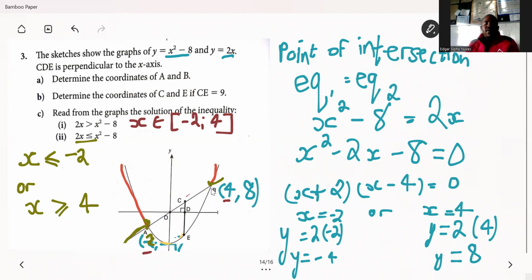For all x values that are 4 or greater, the parabola will be above the straight line. So that's why it's this region and that region. From x equals 4 and above, the parabola will always be above the straight line. For x equals -2 and below, the parabola will always be above the straight line.